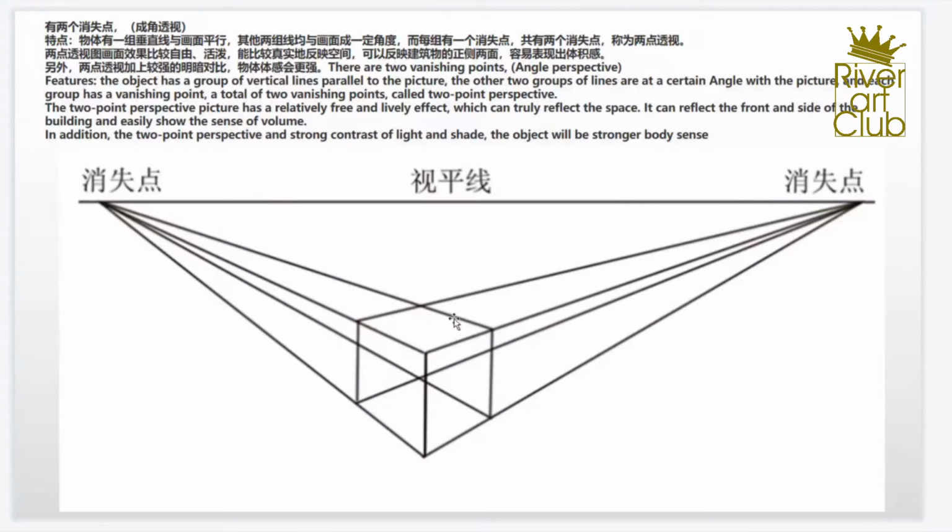Also, we should remember that when we observe an object, when an edge of the object faces us, we can say it is 2-point perspective.